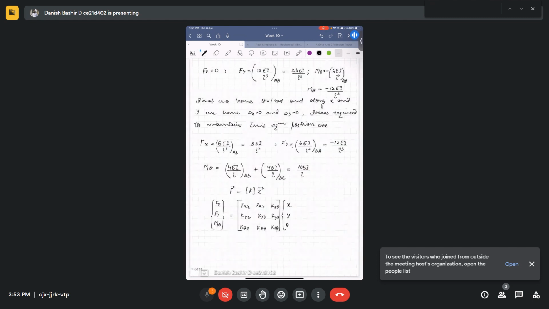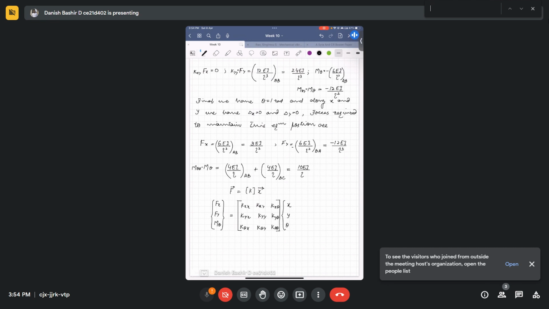And in other cases also, we got this. This was kxy actually. This was kyy actually. This was m theta y actually. Similarly, we have m theta theta.